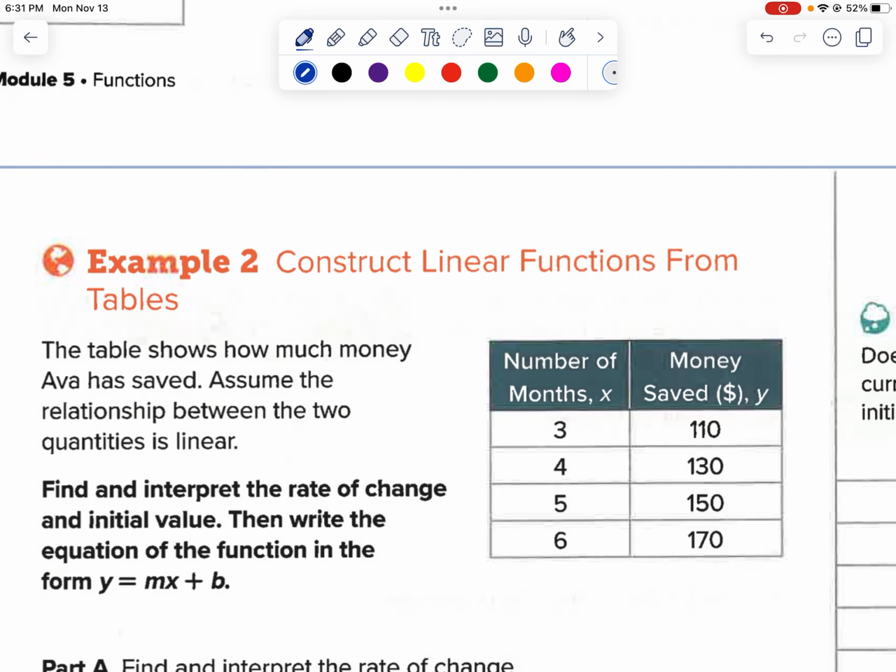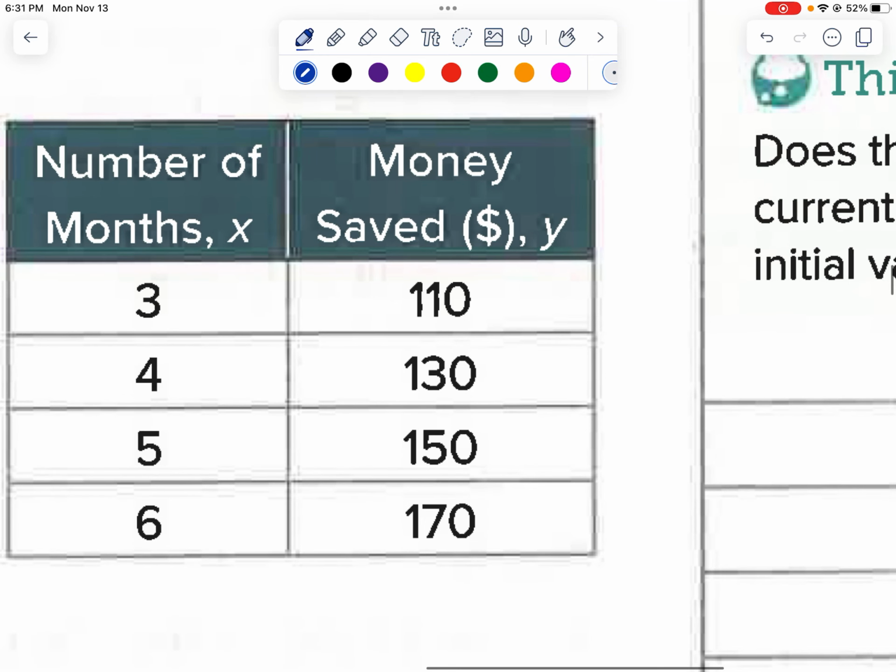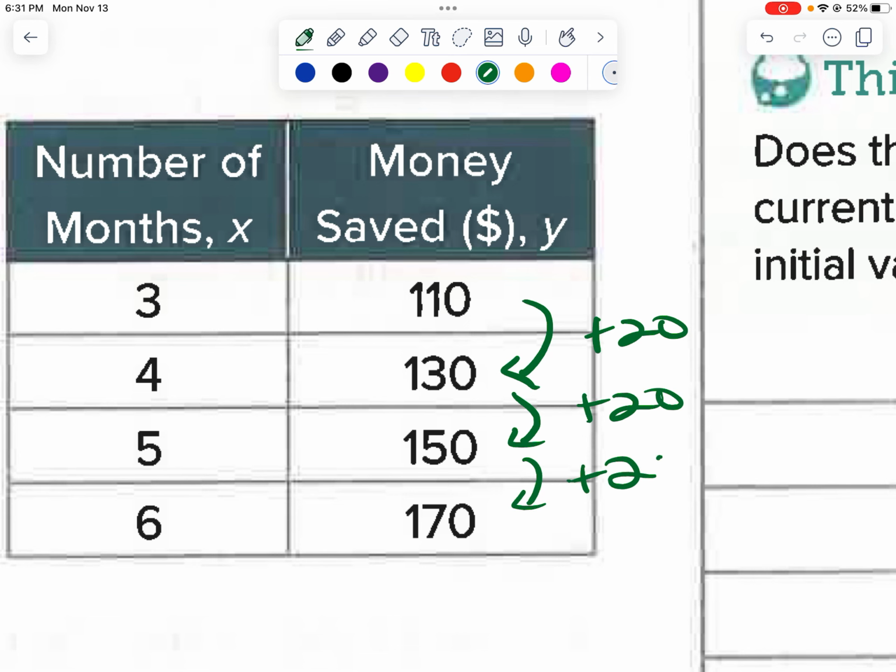Okay, so our table shows how much money Ava has saved. Assume the relationship between the two quantities is linear. Find and interpret the rate of change and the initial value, then write the equation. Okay. So right here, I'm going up by 20, up by 20, up by 20.